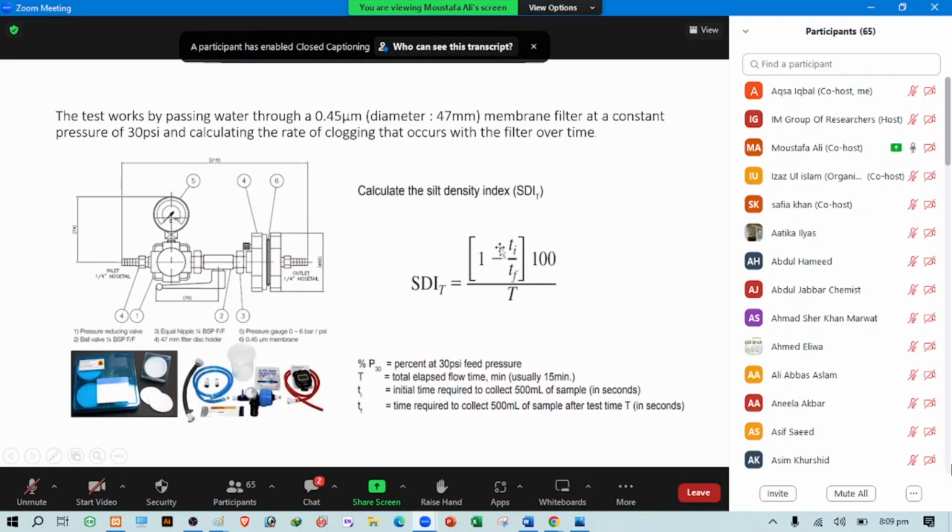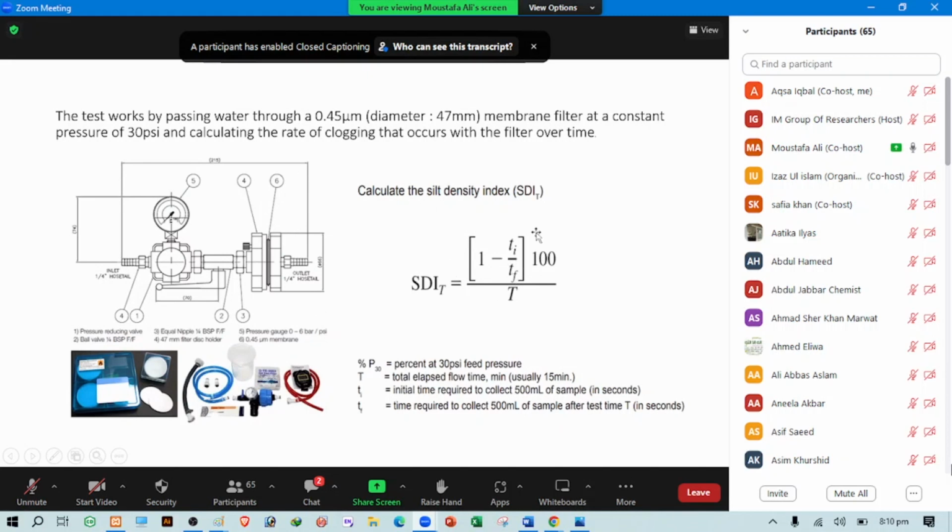This will be T initial, the initial time. After 15 minutes, which is the time unit, we measure again the flux and the time elapsed to fill the same container, and it will be the time final.